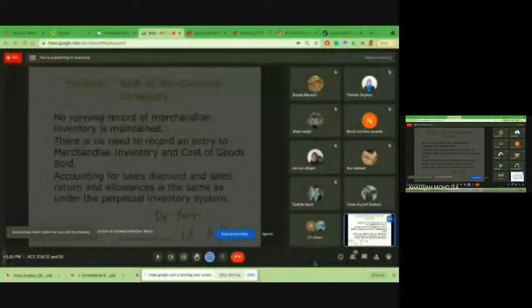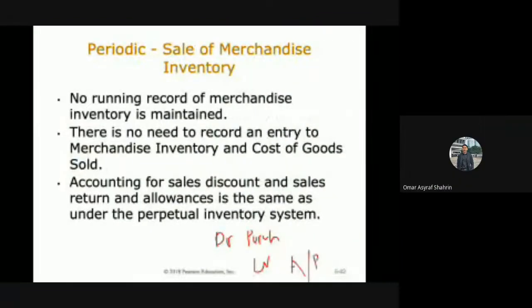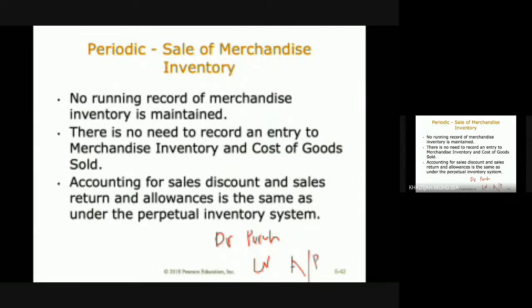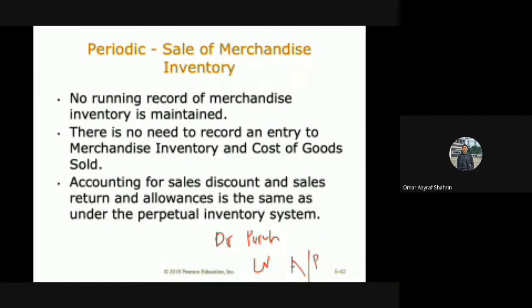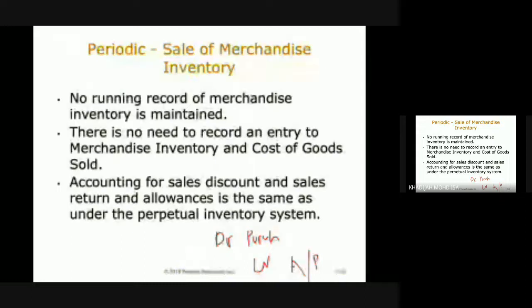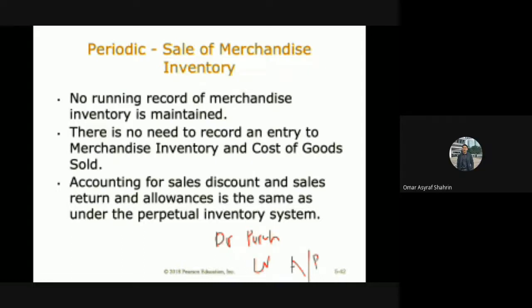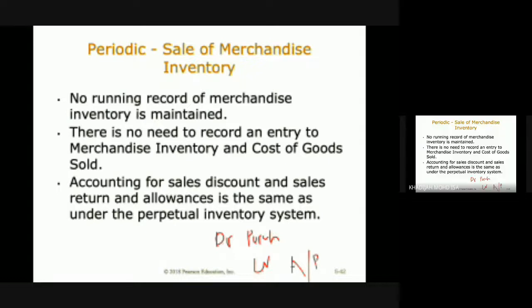Okay, Omar Ashraf, repeat. When there's a sale under perpetual inventory, we credit inventory and debit cost of goods sold. What is the second one? There are two entries: one to record the COGS, the other to record sales.